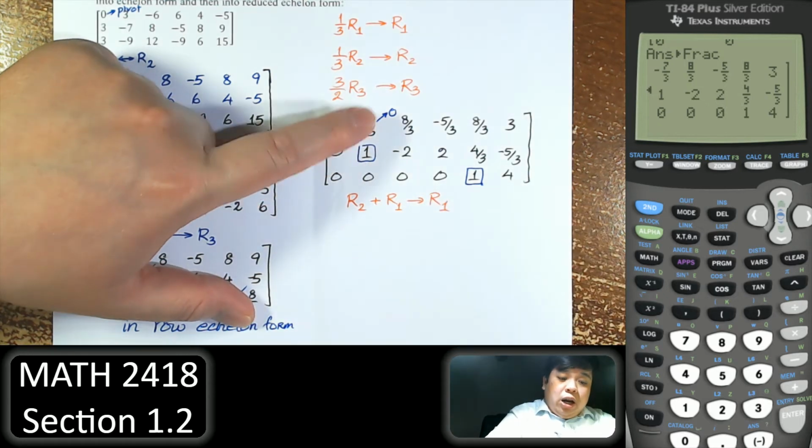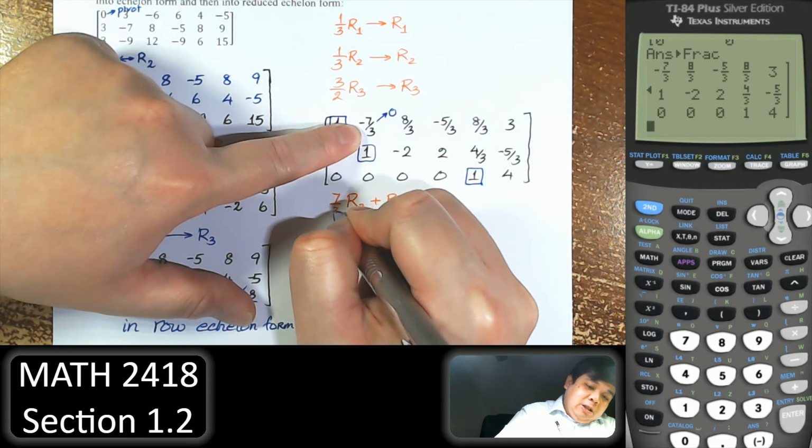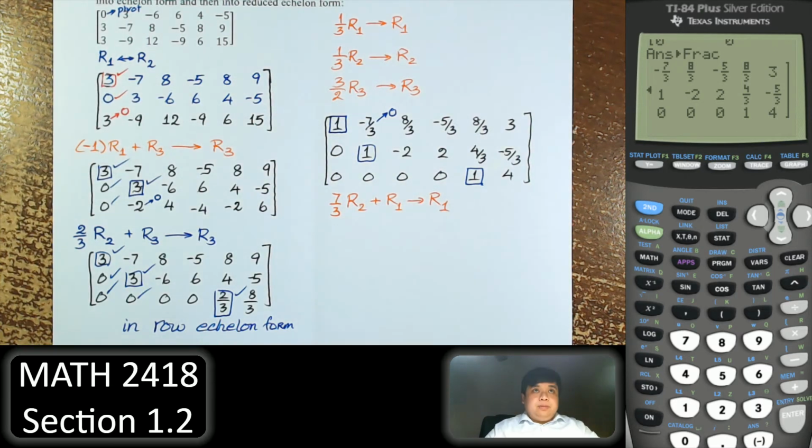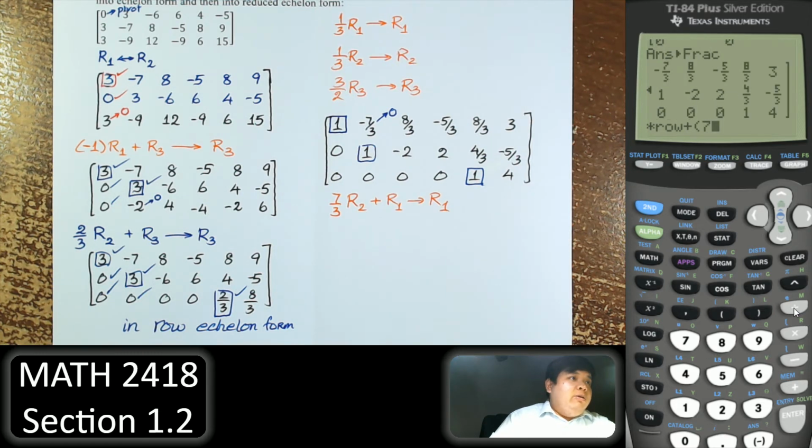And we're going to use the number opposite to this. So second matrix, 7 over 3, apply to the matrix, row 2, and add replace to row 1.